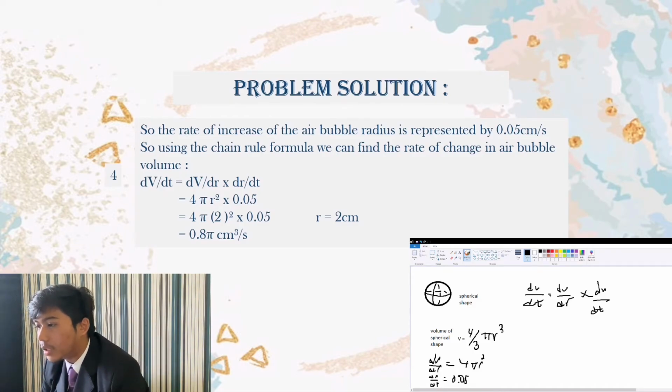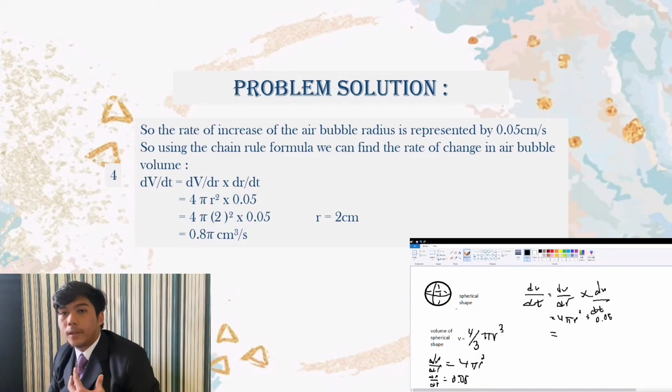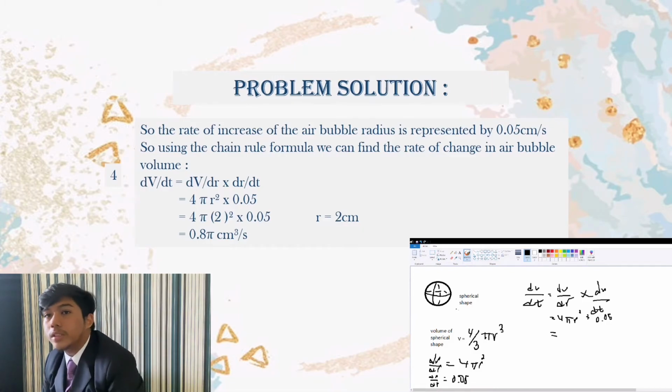So dV per dr is 4 pi r squared times dr per dt, which is 0.05 centimeter per second. From the problem statement, r is equal to 2 centimeter.